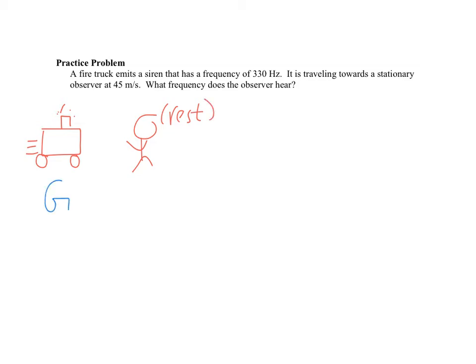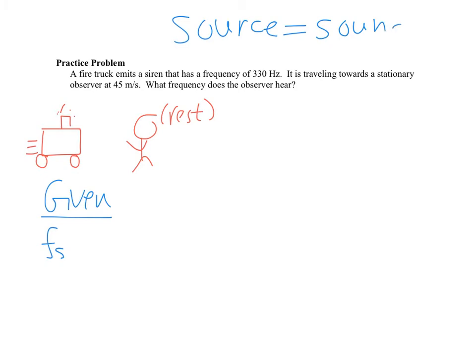Our given information, we know that the frequency of the source, so source equals sound. Source is where the sound comes from. So the frequency of the source, coming from the fire truck, is 330 hertz. It's traveling towards the stationary observer at 45 meters per second.